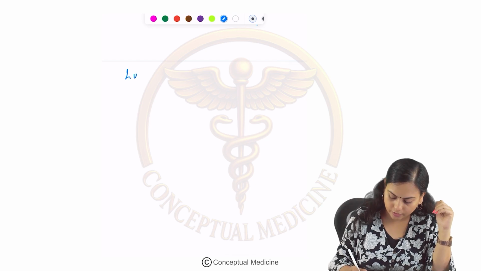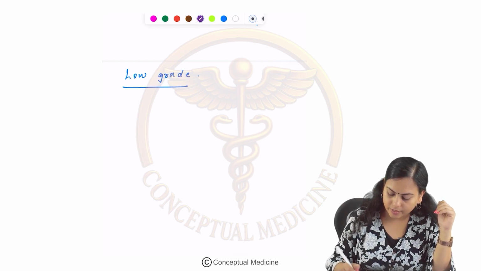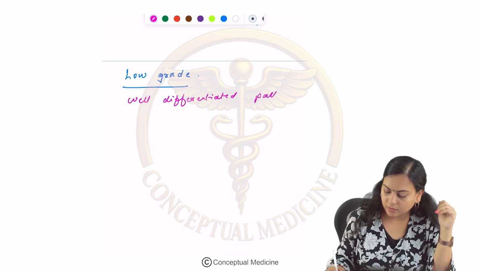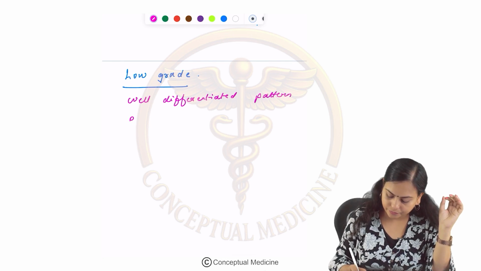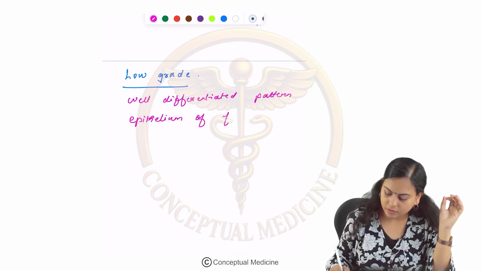So, if you see low grade type, these are usually characterized by well differentiated pattern that is resembling epithelium of fallopian tube.